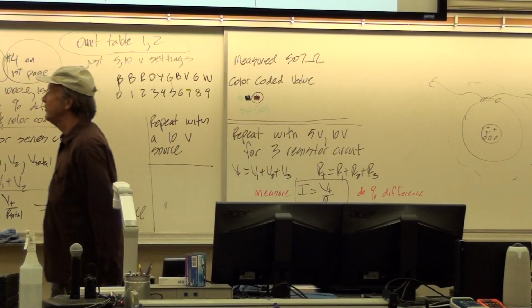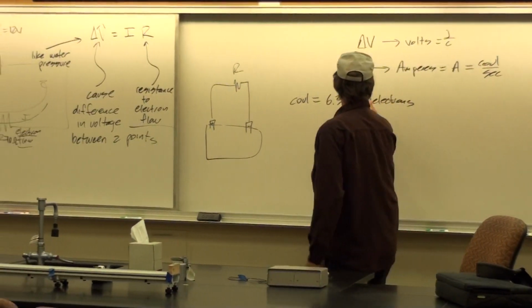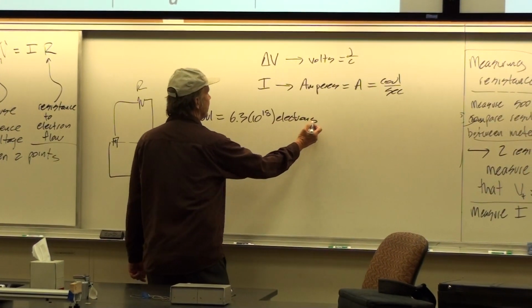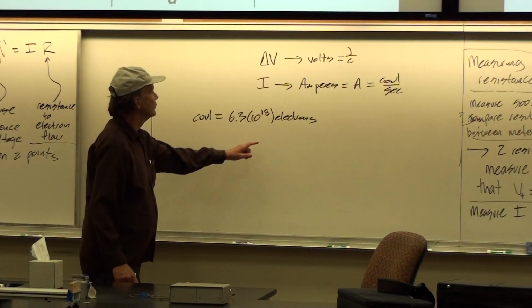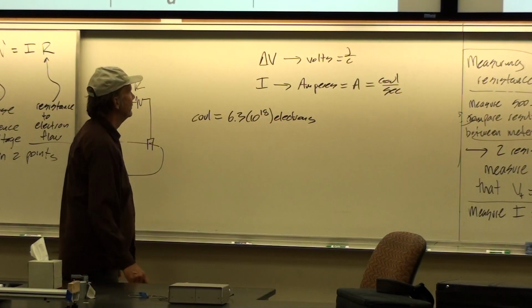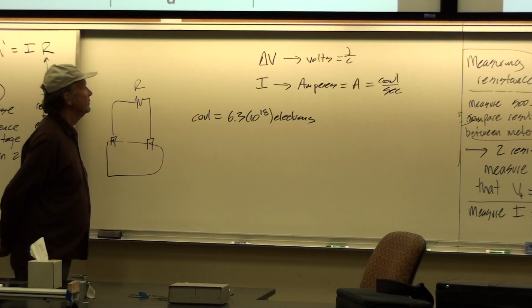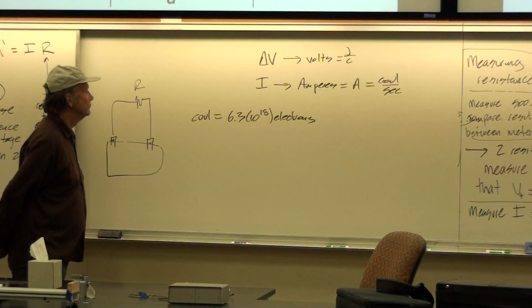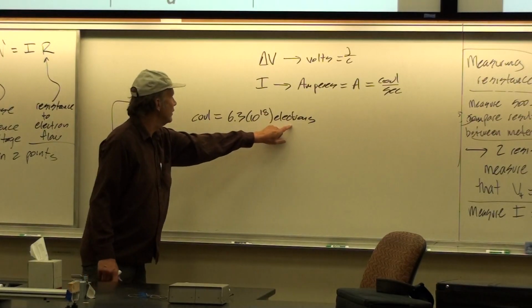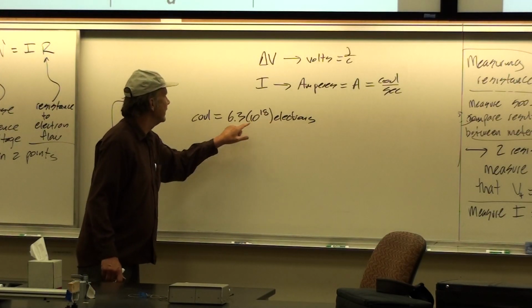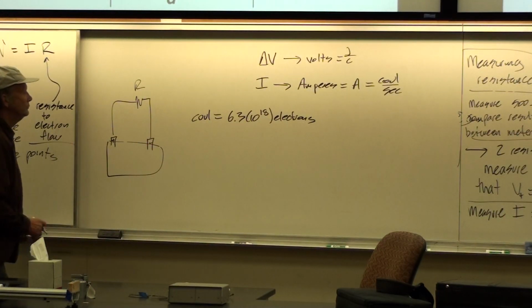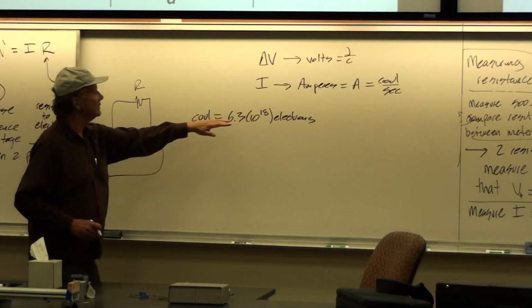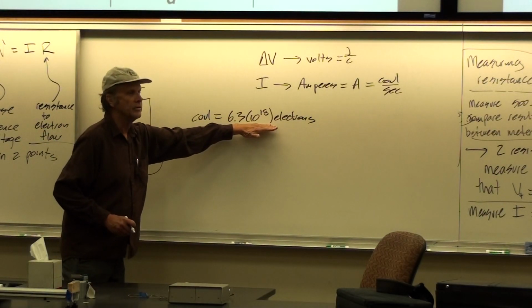Okay, so in other words, if you took 6.3 times 10 to the 18 and you multiplied it by the charge on an electron, which is 1.6 times 10 to the minus 19, you would get 1. So this is the charge on an electron times the number of electrons equals 1 coulomb. So 1 coulomb is equivalent to this number of electrons worth of charge.